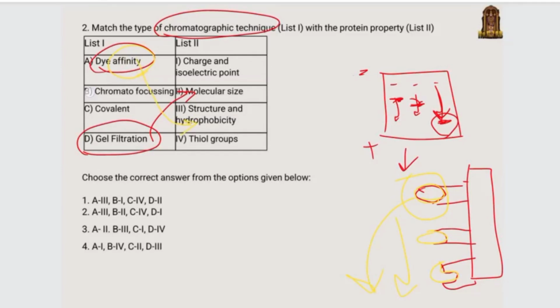The next one is, let's say, chromatofocusing. In the chromatofocusing case, there will be a gradient of pH. Like this is 1, let's say 2, 3, 4, 5, up to 14. From 1 to 14 will be here. We all know about charge and isoelectric points.